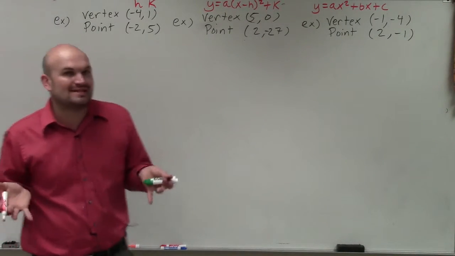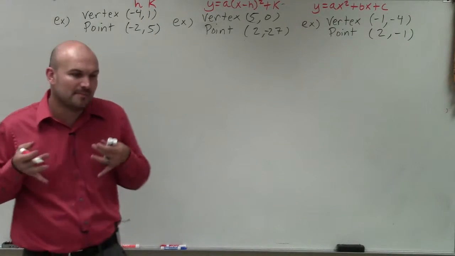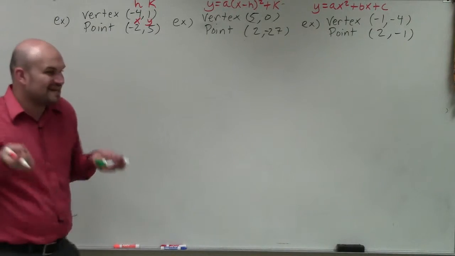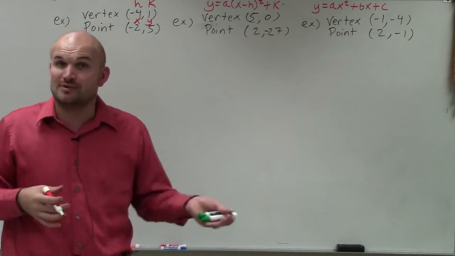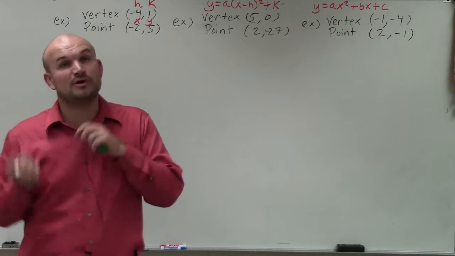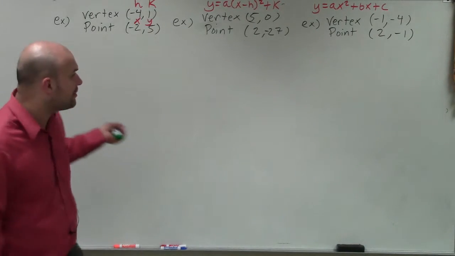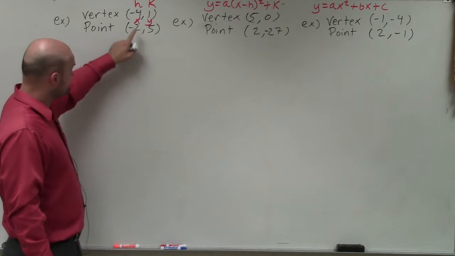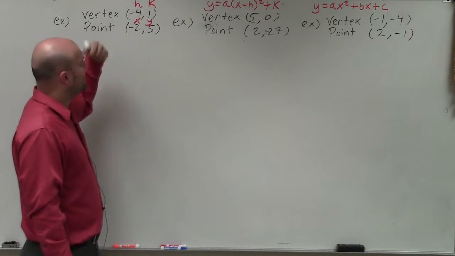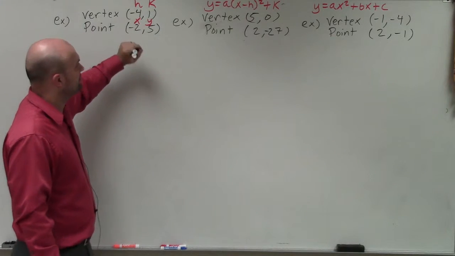Any other point on the graph we represent as x and y. Even though the vertex is also on the graph, it is a special point because it's either the maximum or the minimum point. So the vertex is denoted as h and k, and any other point we label as x and y.